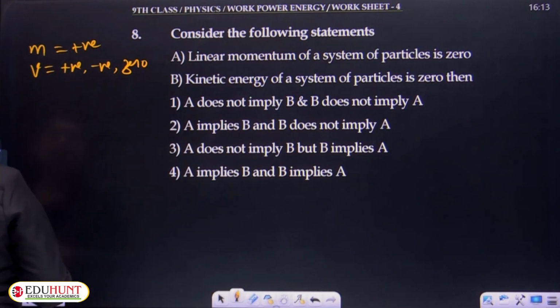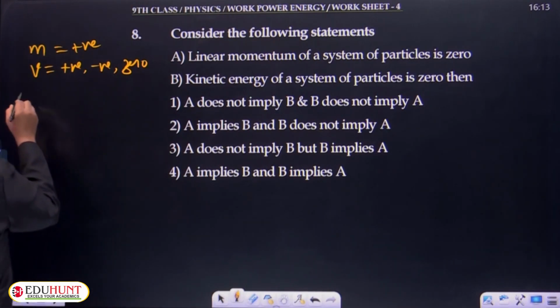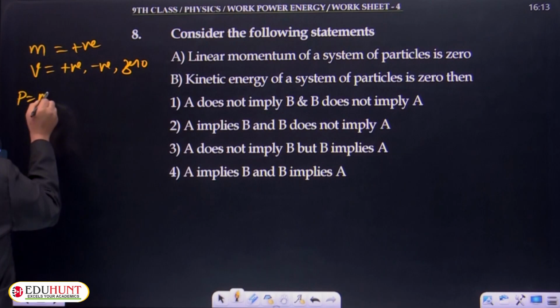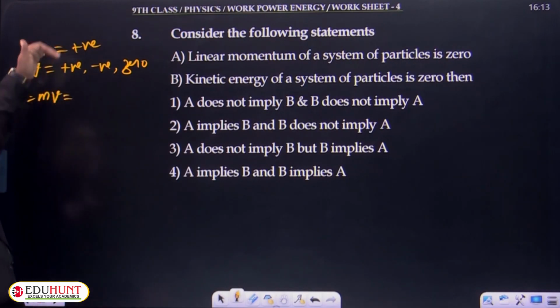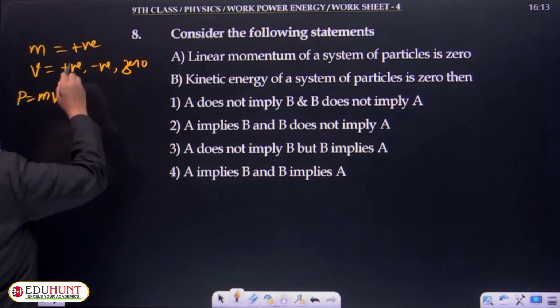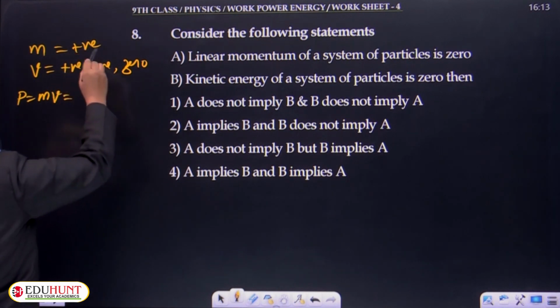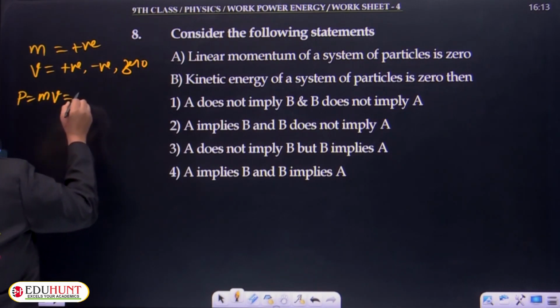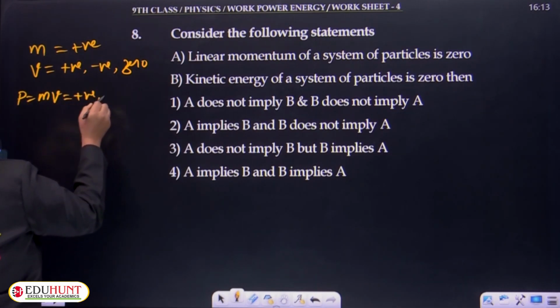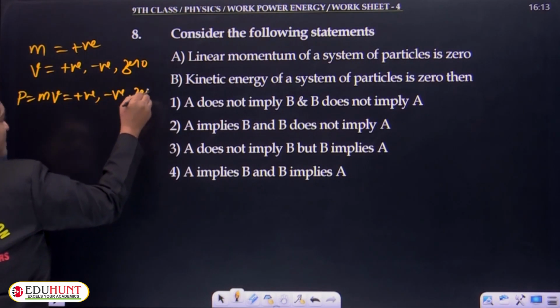So, if you want to find out the momentum of a body, momentum can be given as mass into velocity. This mass is always positive. So, positive into positive, or positive into negative, or positive into 0, then the momentum of the body can give either a positive value, a negative value or a 0 value.